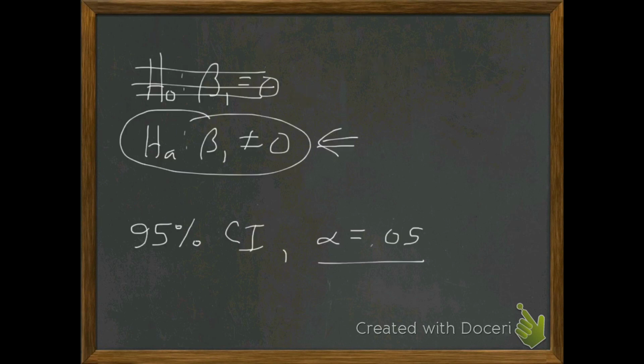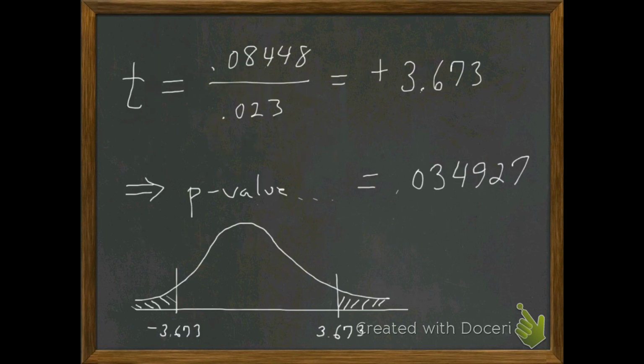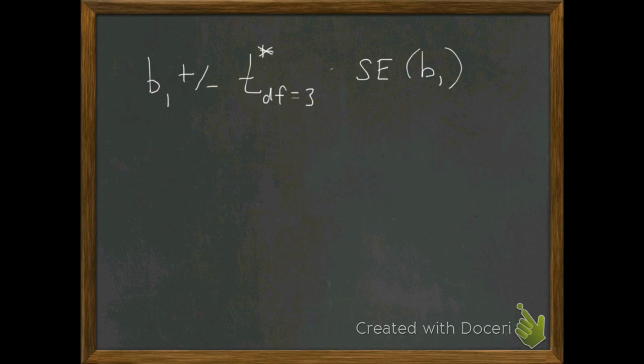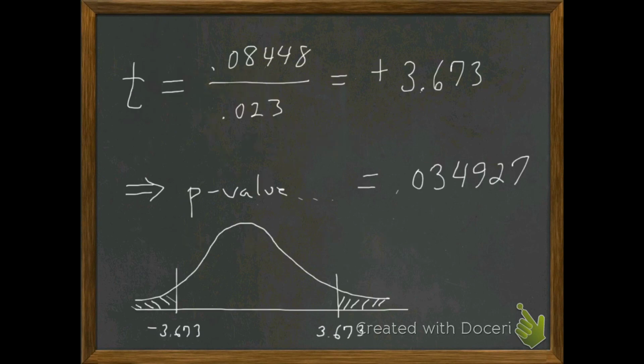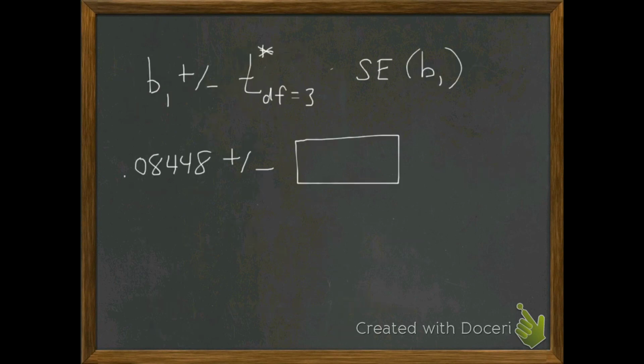We know our B1 is 0.08448, plus or minus our t critical, we'll go get that in just a second, times our standard error, 0.023.